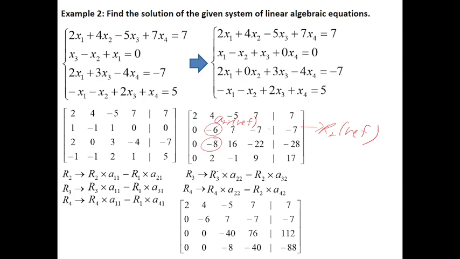So, R3, first element, 0. Diba? Ito. Times A22 is negative 6, minus R2, first element, 0, times A32, negative 8. 0 yan.